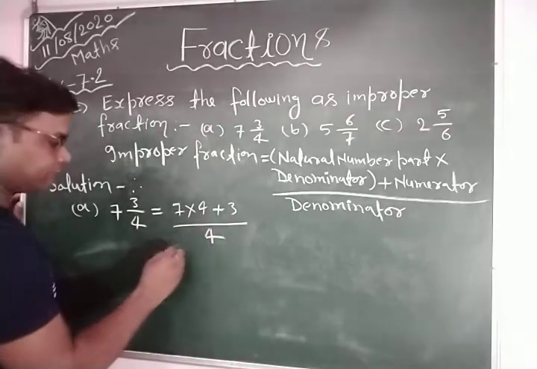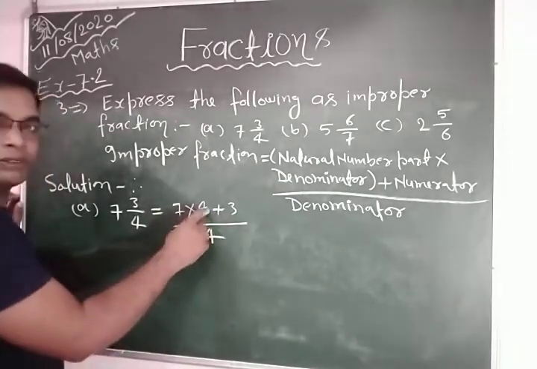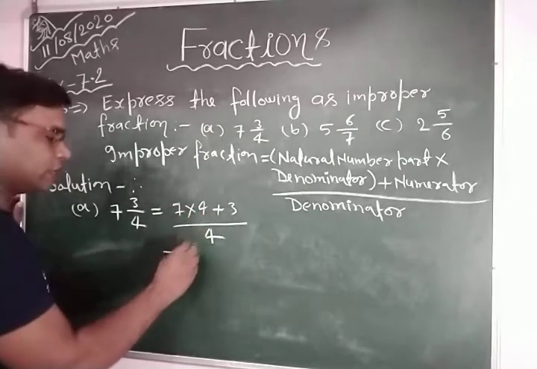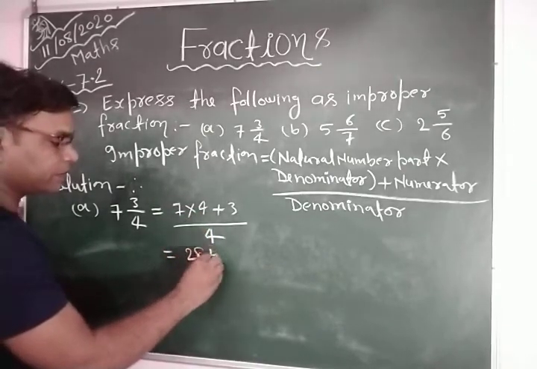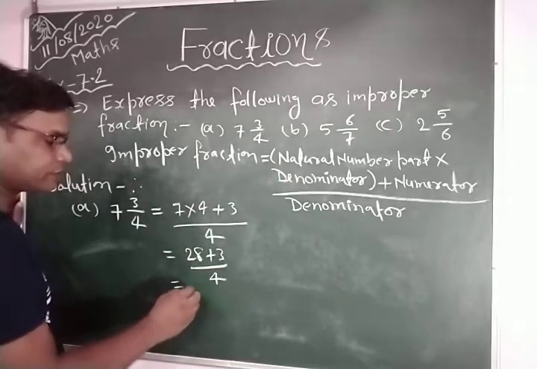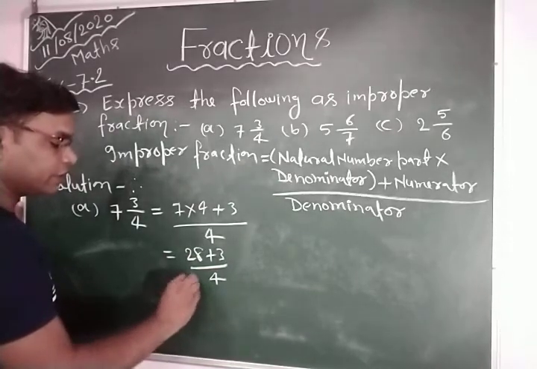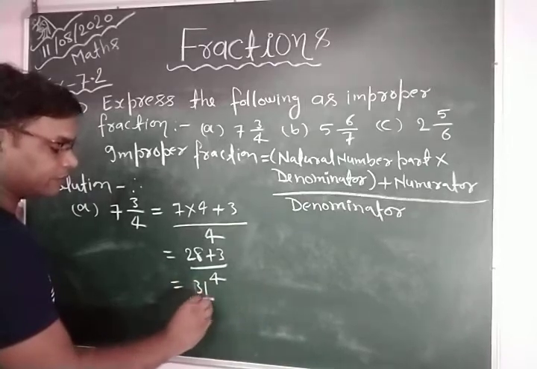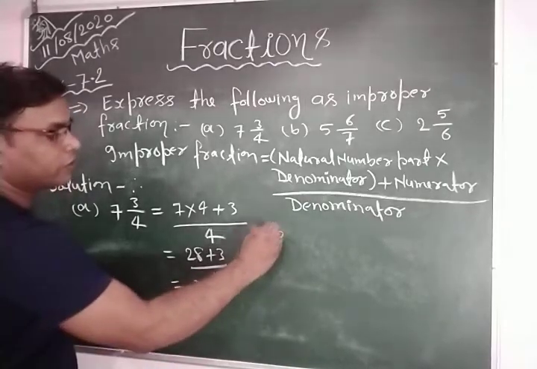So this is equal to 7 fours are 28 plus 3 over 4, which is equal to 31/4.